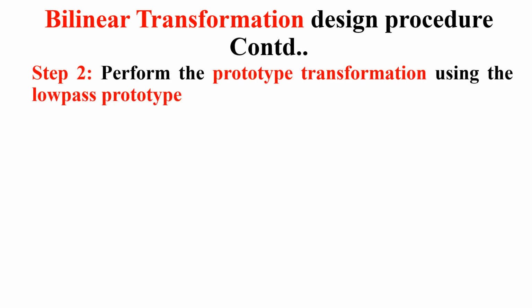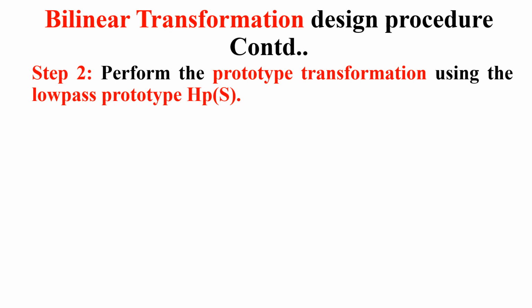Perform the prototype transformation using the low pass prototype HP of S. What does this mean? So now I have the prototype low pass filter. It will be asked in the numerical to design a low pass filter, high pass filter, band pass filter or band stop filter. Whatever I have now is the prototype low pass filter.